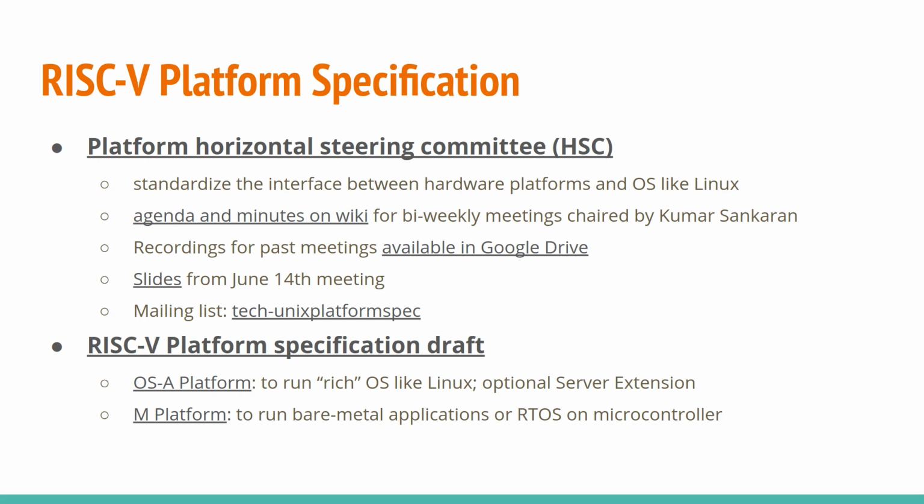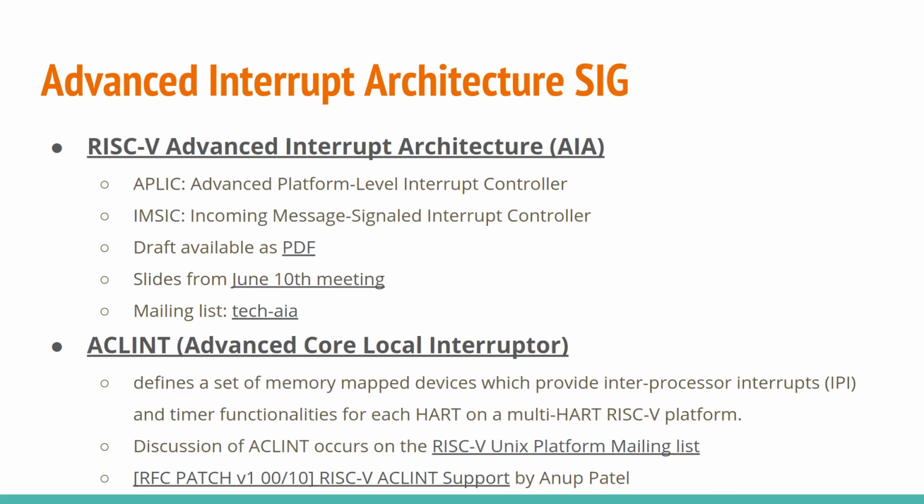And then there's the M platform, which is meant for bare metal applications or an RTOS running on a microcontroller. And these are still in development, so if you're interested in this, both in terms of what you need as someone that's looking to use a system, or you want to make sure that you're including the right things in RISC-V systems that you're building, I recommend checking out the past meetings and hopefully attending in the future.